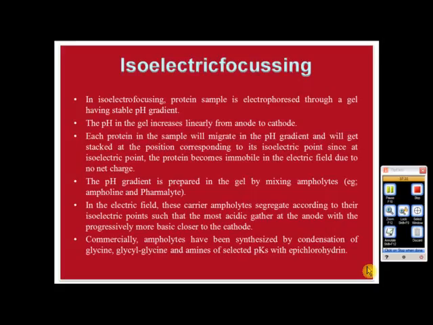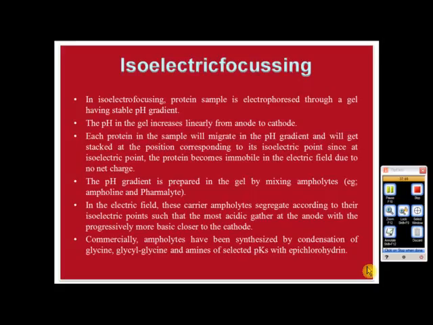What is the charge of the anode and of the cathode? Cathode is negative, anode is positive. And we are saying the pH in the gel increases linearly from anode to cathode. Cathode is negative, and there you will see higher pH.